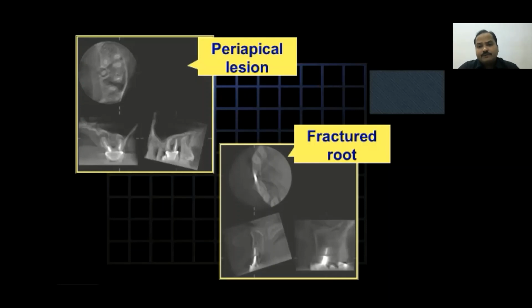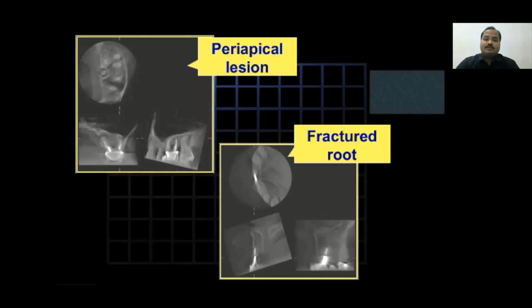Then in cases of fractured roots, where it is not visualized on the IOPA images, either due to overlapping of the fracture lines, or due to the overlapping of the tooth parts itself. That means if the fracture line is oblique, usually it gets overlapped when we are taking IOPA radiographs.